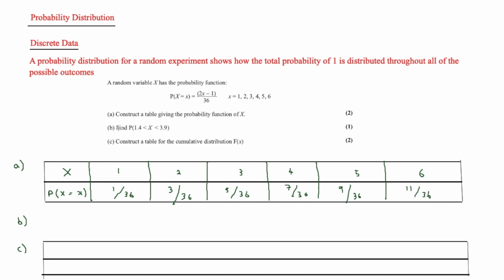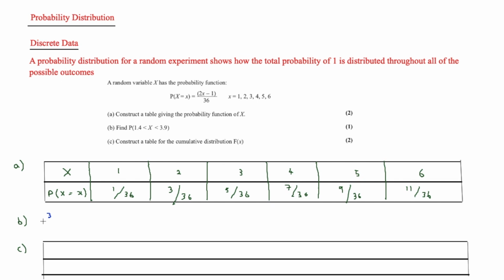So B asks us to find a probability that x is between 1.4 and 3.9. So obviously that's just taking normal values, but what we're going to be looking for is anything between that, and that's going to be 2 and 3. Now as it is discrete data, that means that there's not going to be those in between. So we're not going to be looking for 1.6, for example.